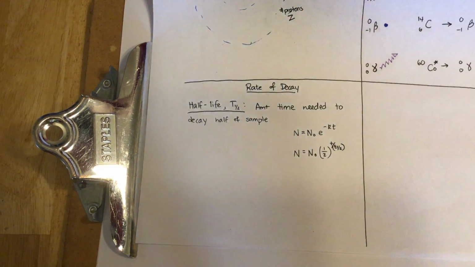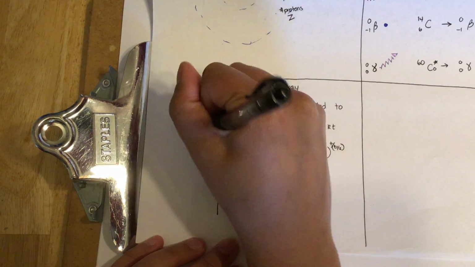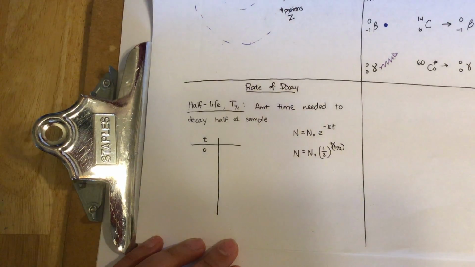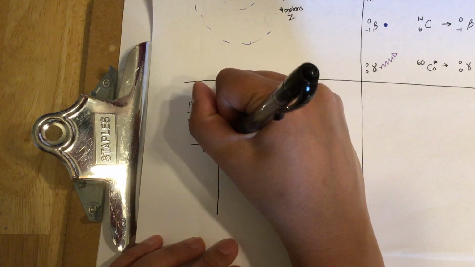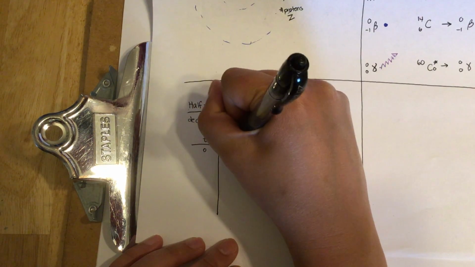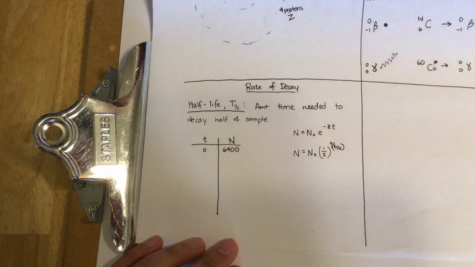Let's say at the start of time, at time 0, I have a sample that has 6,400 atoms to start, right? And I want to know how long until there's only... actually, how about this?